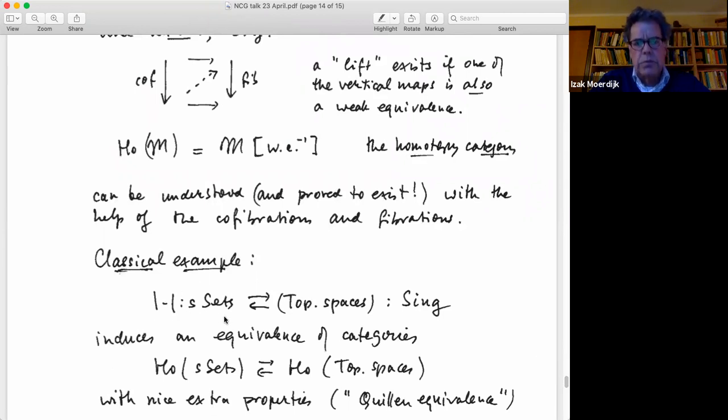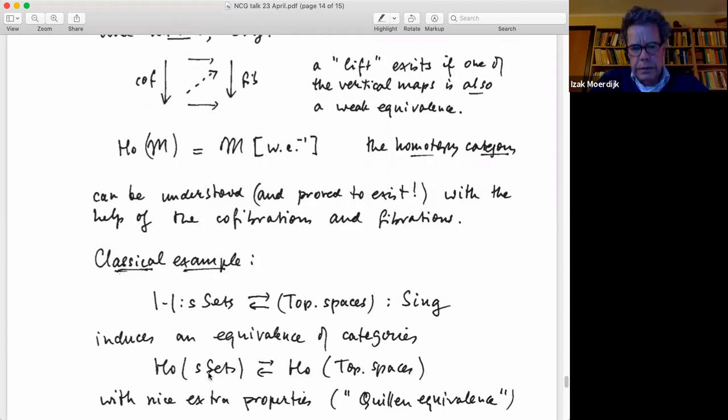Simplicial sets has such a model structure. Topological spaces has such a model structure. And the functors, geometric realization and singular complex, they're adjoint functors. They preserve weak equivalences. Well, more precisely, they factor over this operation of inverting the weak equivalences.